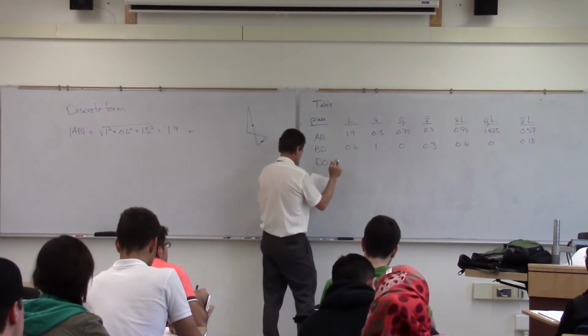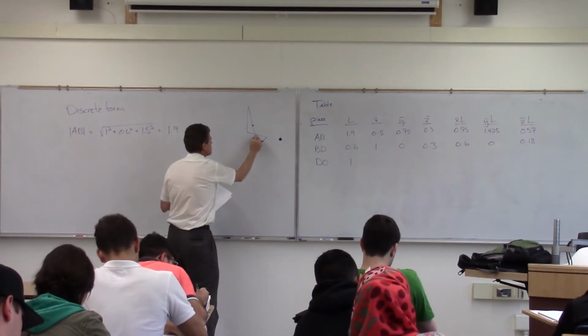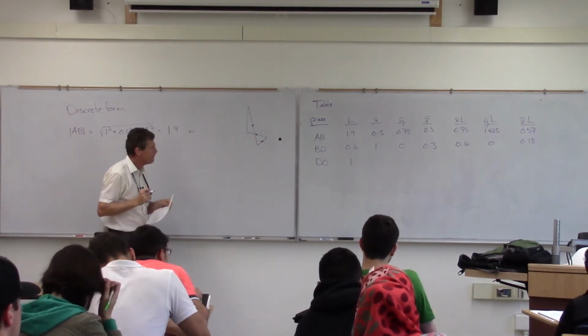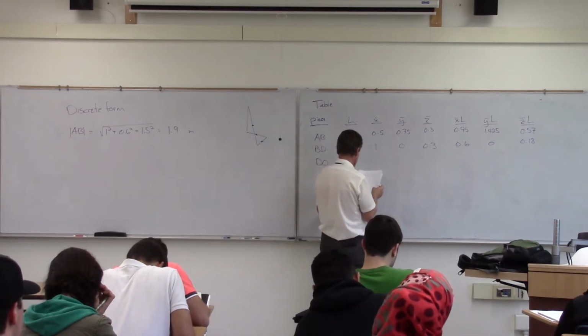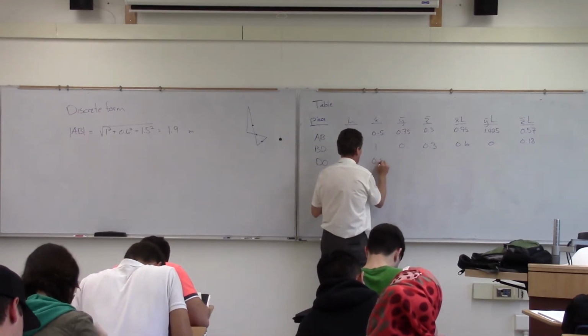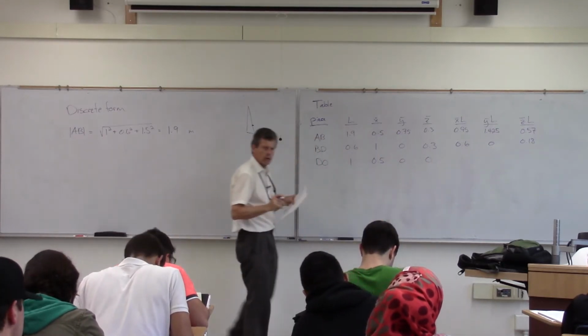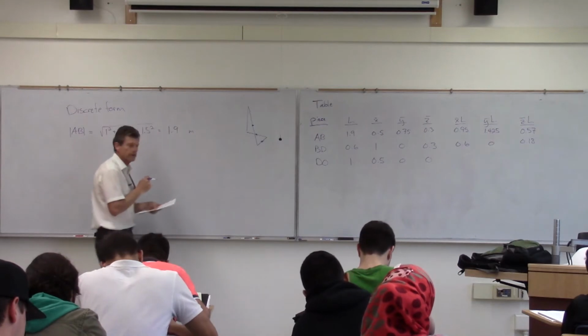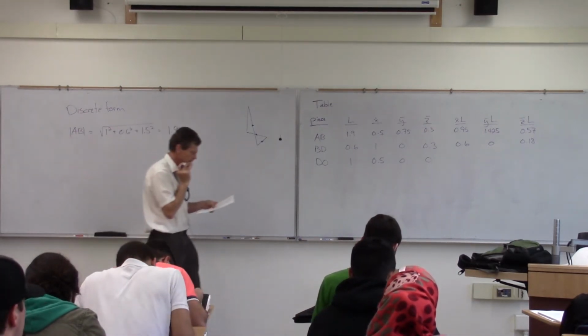DO will be a length of 1. So this will be this one here. And then the location of the centroid there is a pretty easy one. It's just going to be 0.5 down that x-axis, because it lies on the x-axis.